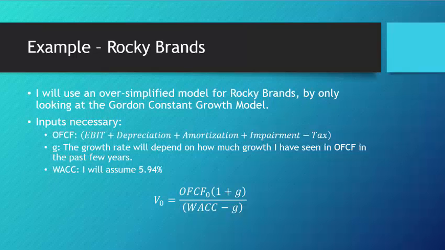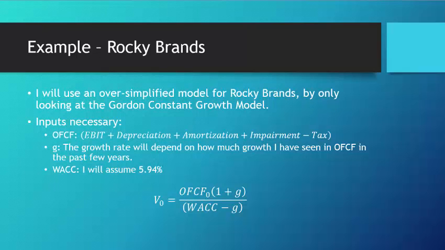Instead of the cash flow or the free cash flow or the dividend, we're now looking at the operating free cash flows. We're going to allow them to grow at a specific rate. That's the 1 plus G. Then instead of the discount rate being R sub S, we're looking at a discount rate of weighted average cost of capital minus G. This is the exact same thing. We could have derived it the exact same way. We would have gotten the same thing that I'm showing you here.